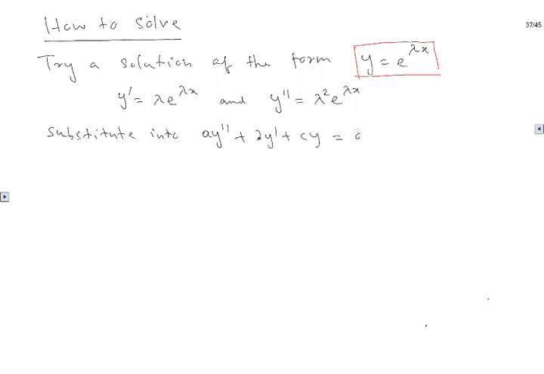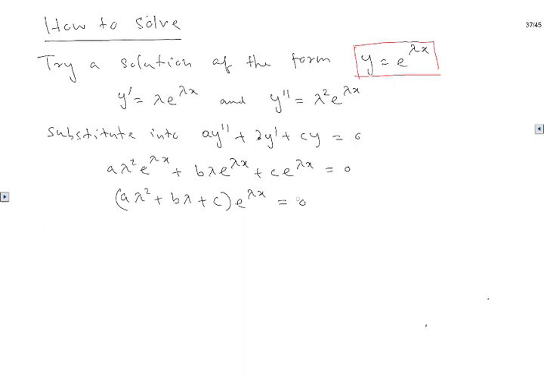From the first term we get a lambda squared e to the lambda x, plus from the second term b lambda e to the lambda x, and from the third term c e to the lambda x, which is equal to 0. Now e to the lambda x is common, so we can write (a lambda squared plus b lambda plus c) times e to the lambda x equals 0.